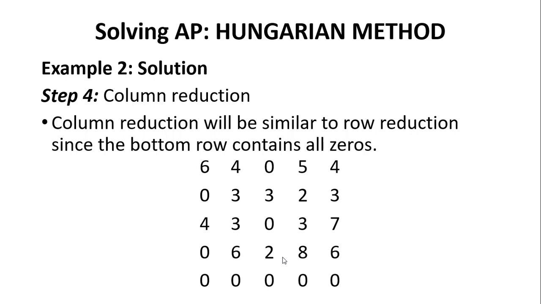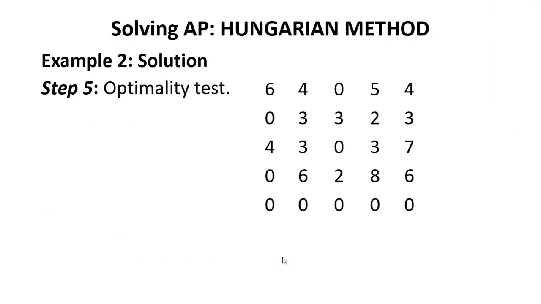Now from this column reduction, we have to perform the optimality test to see whether this matrix will give us an optimal solution which we need. Okay. So let's perform the optimality test. As usual, we are going to cover the zeros in this matrix, but we are going to start covering the row or column with the maximum number of zeros. So the last row has all elements 0.